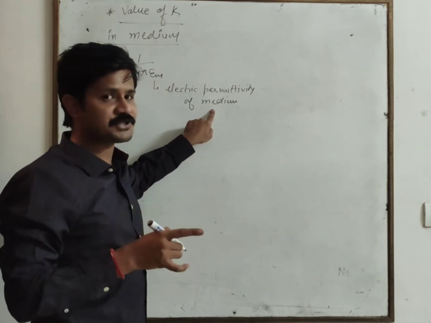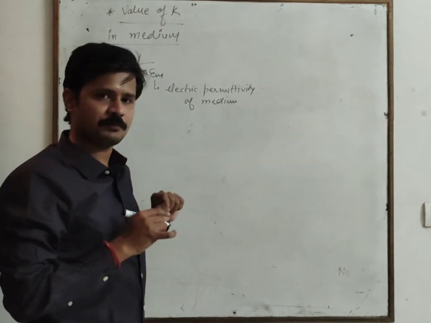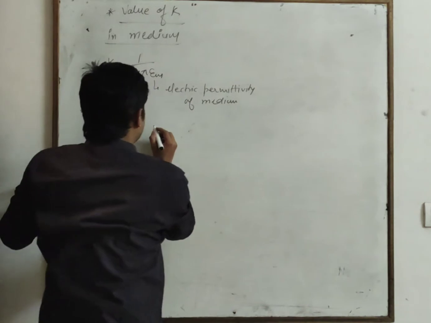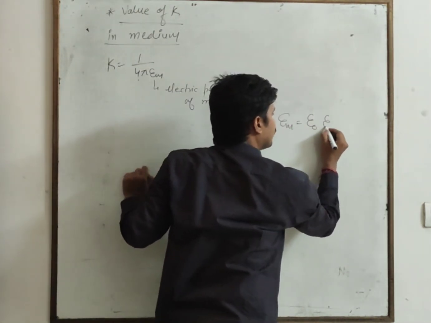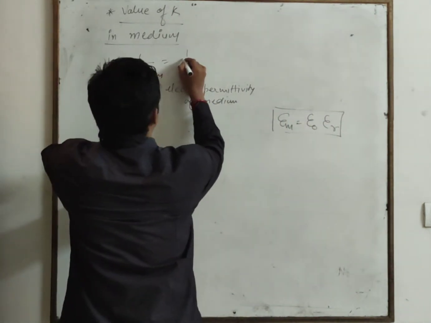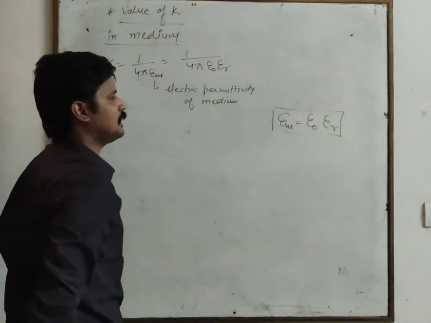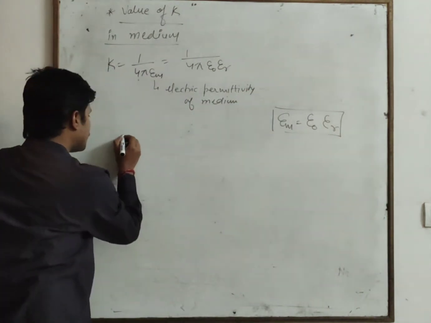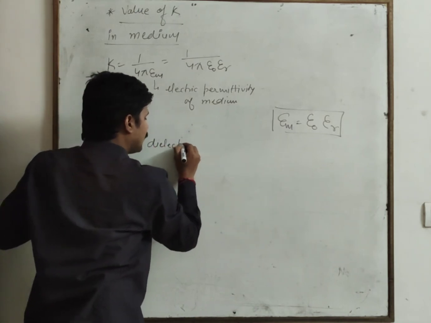Epsilon naught represents properties of field between charges in vacuum. And the value of epsilon m can be written as epsilon m equal to epsilon naught into epsilon r. Then K equal to 1 upon 4 pi epsilon naught into epsilon r, where epsilon r is dielectric constant.